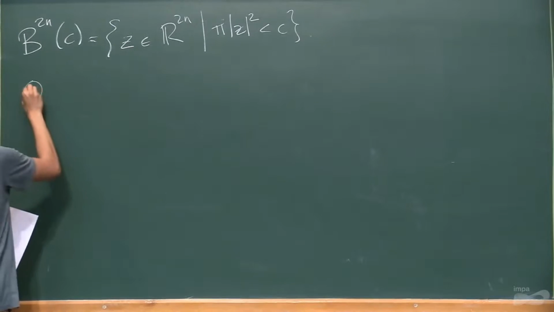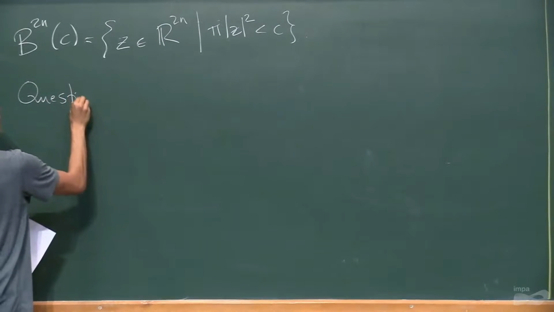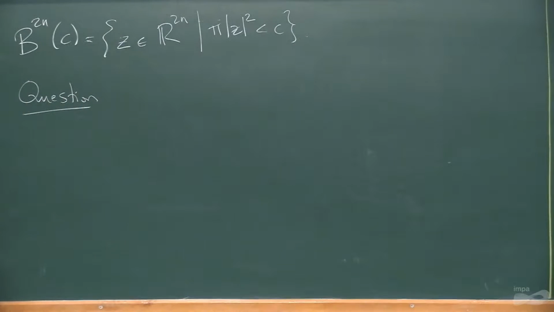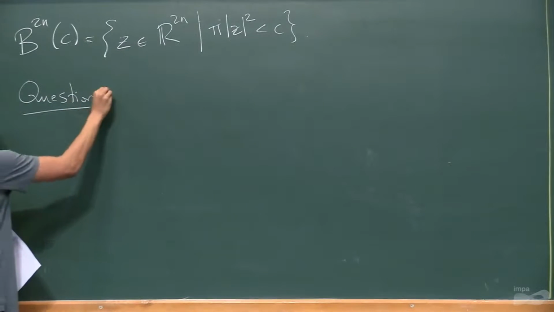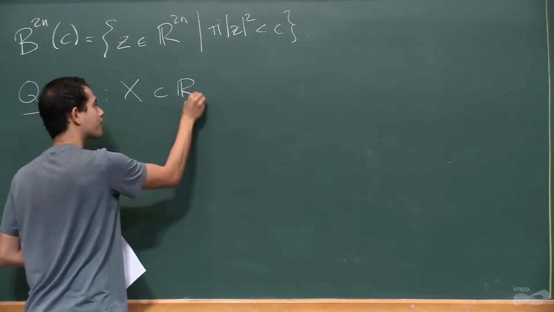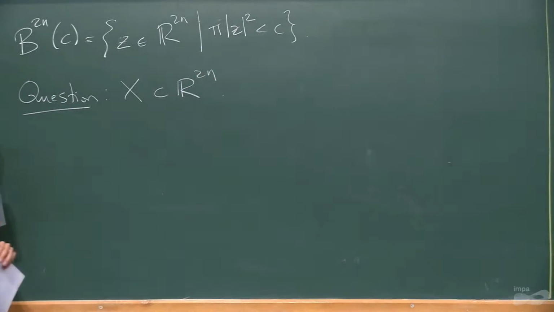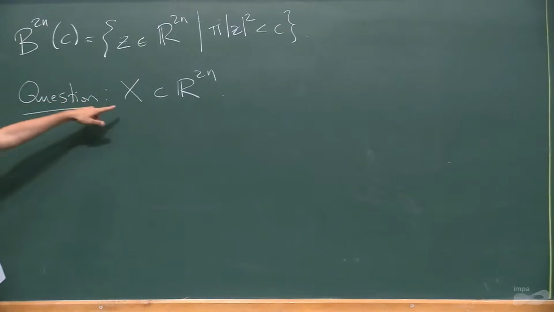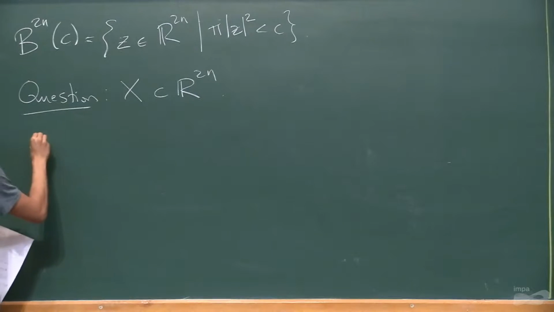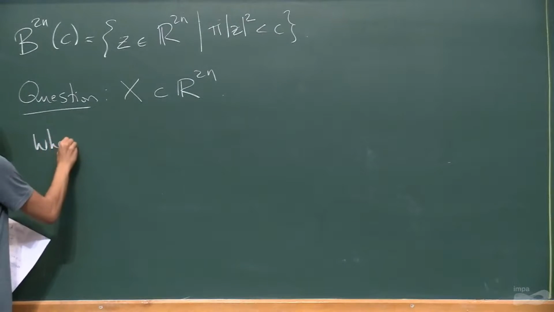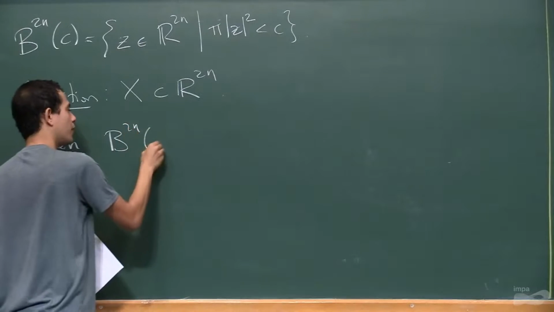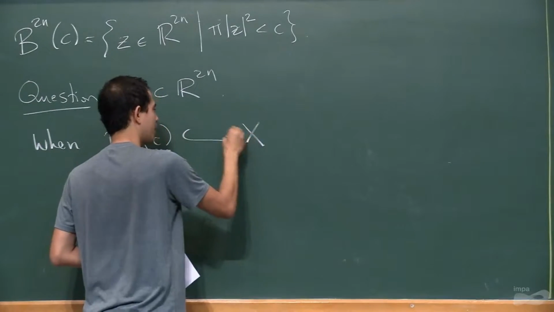A sort of simple, naive question one can ask is, given a subset X of R^{2n}, what is its Gromov width? What is the largest ball that can embed into X? And you can also ask a converse question. When does this ball symplectically embed into X?